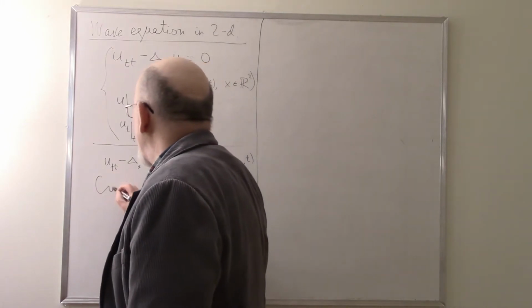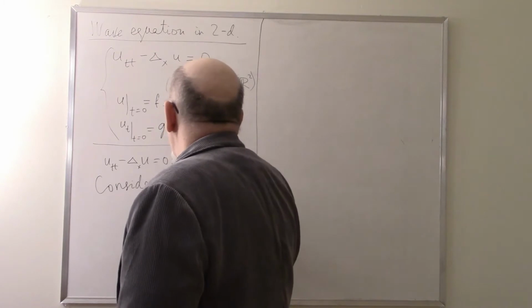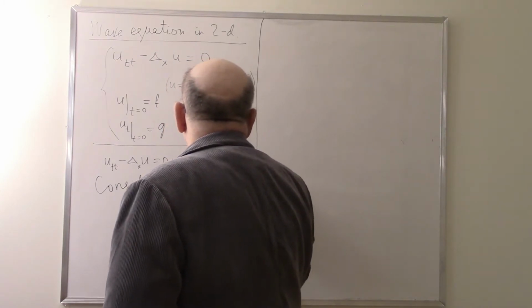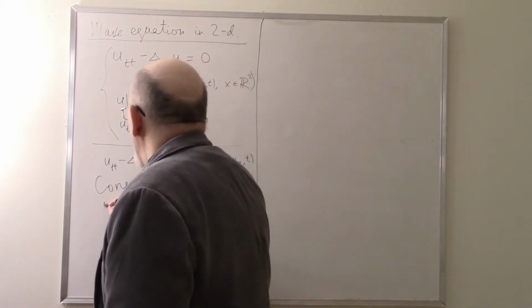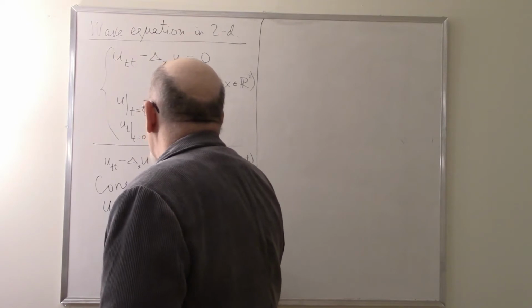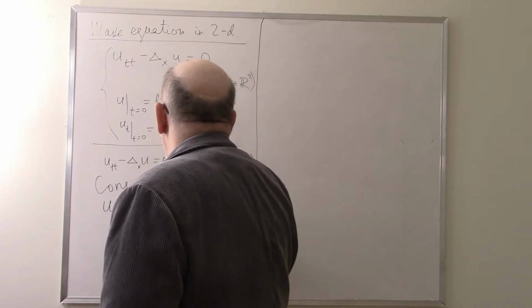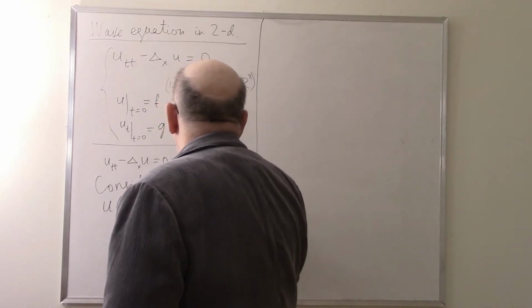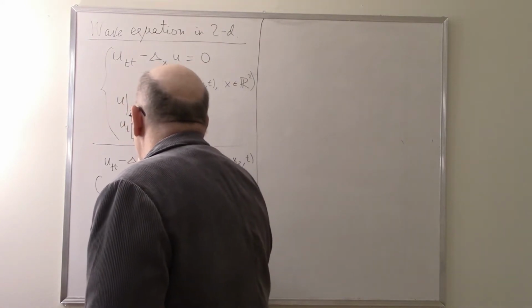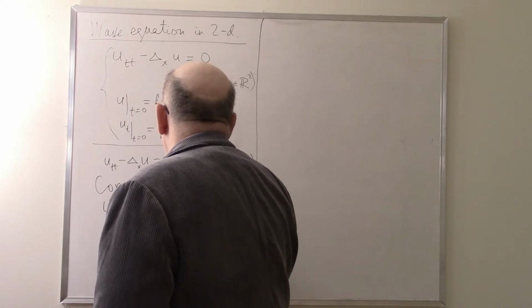So consider only solutions u of x1, x2, t, which don't depend on x3.